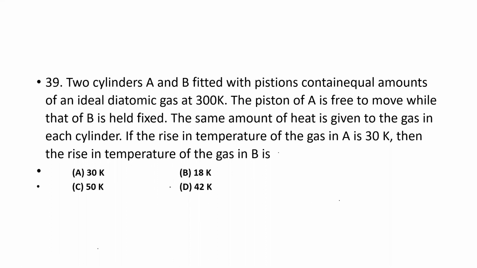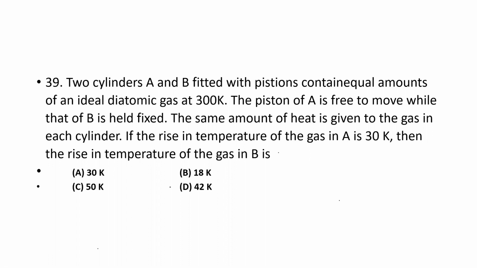Two cylinders A and B fitted with pistons contain equal amount of an ideal diatomic gas at 300 Kelvin. The piston of A is free to move while that of B is held fixed.